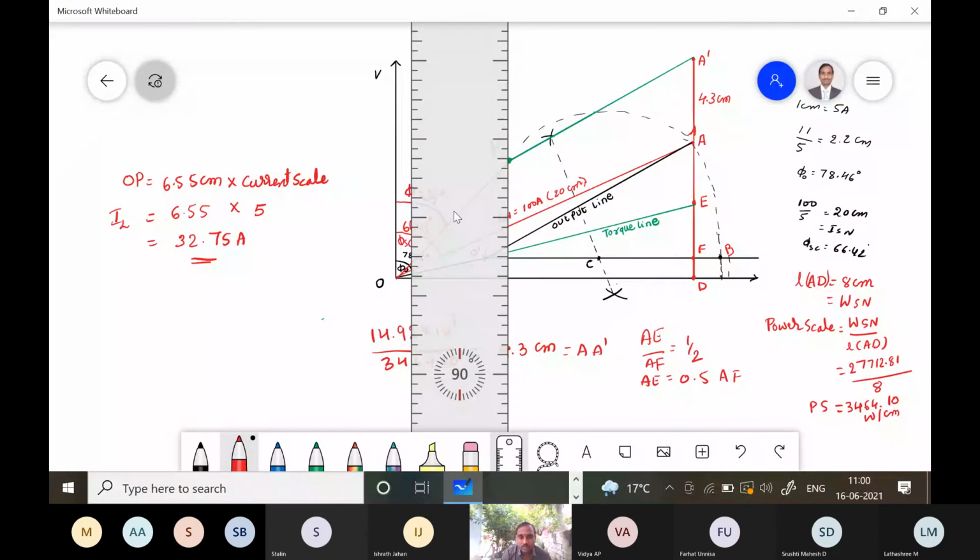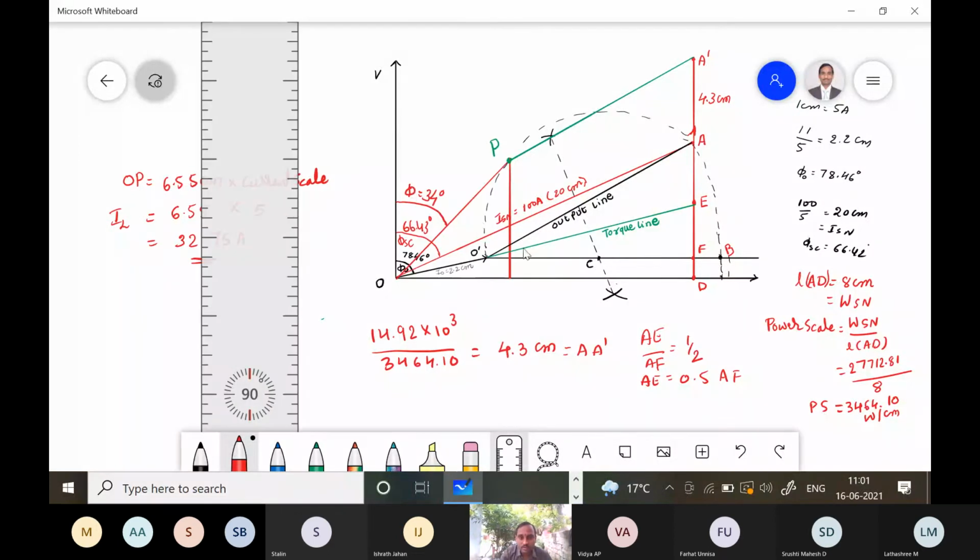That will intersect all the straight lines. From the P point I have drawn the vertical line, and I will mention Q, R, S and T from the output line.